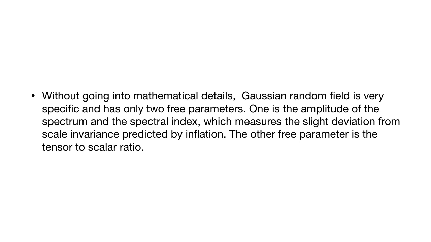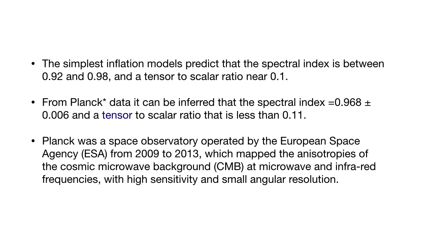So using the mathematics, we can do some prediction. Applying this Gaussian random field onto the inflation model, we expect the two parameters: one, the spectral index, to be between 0.952 and 0.98.